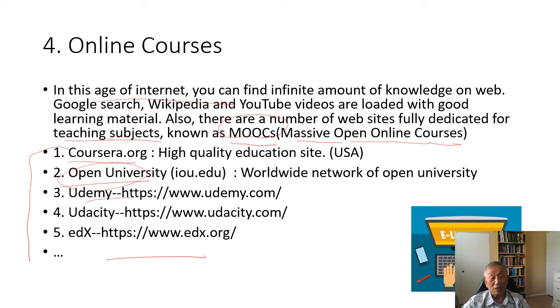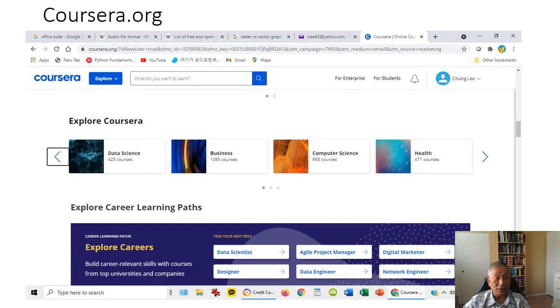So you go to iou.edu, and you will see there's a whole lot of locations. And Udemy and Udacity and edX, that is this website here. Once you go there, sometimes some courses require registering and paying some money, but in general, most courses are free. Coursera especially has a very wide variety of courses.